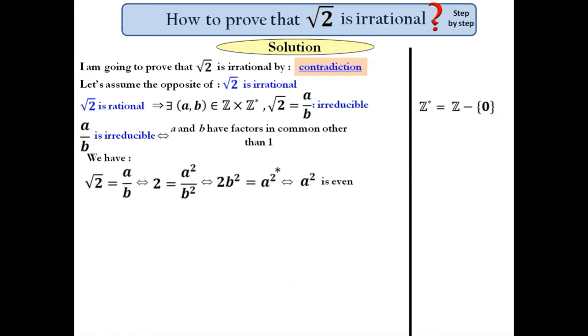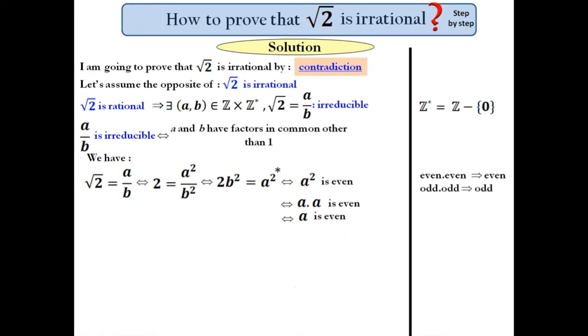If we multiply an even times an even, we get an even number. If we multiply an odd times an odd, we get an odd number. So we have a number times itself and we got an even number. Well, the only way to get that is if that number is even. So this tells us that a is even.